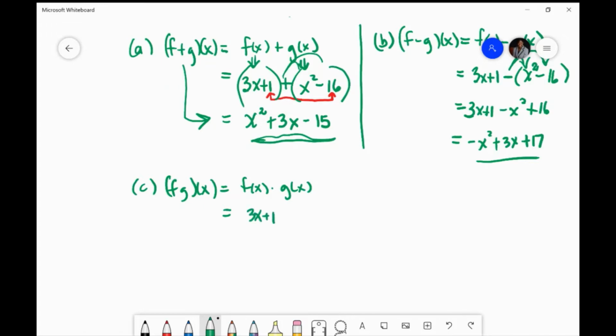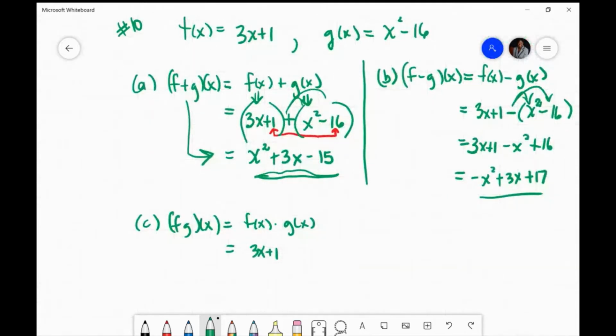And g of x is x squared minus 16. What type of notation do I need so that it looks right? Can I just put a dot here and put x squared minus 16? Would that work? No. Then you have to add parentheses. Yeah, you gotta put parentheses.